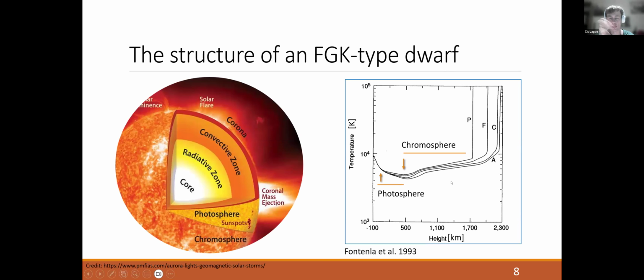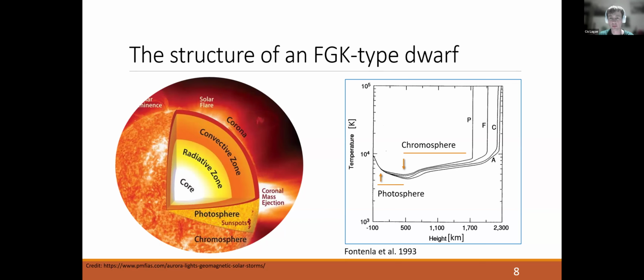This is just an example of a cross section of a 1D model atmosphere. We have our photosphere for the sun around 5,700 Kelvin. And then afterwards, when you go higher up, the temperature drops up to around 500 kilometers, where it reaches its lowest point, and there the chromosphere starts. And the whole atmosphere becomes way more turbulent. Magnetic activity becomes more important.